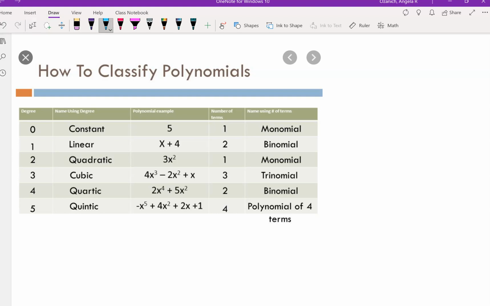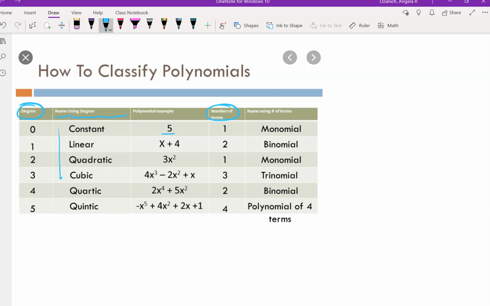I want you to pay particular attention to the degree, and the name used for the number of terms. So when we are classifying a polynomial by degree, we use words like this is a constant, or this is linear, quadratic, cubic. You've heard all of these to probably about here quite a lot.